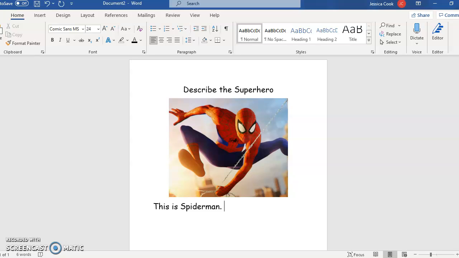So you might say, "He is..." I'm going to find one of the words on these hero words. Oh, there's the word brave. So I might write, "He is brave," it's got the split a digraph, doesn't it?